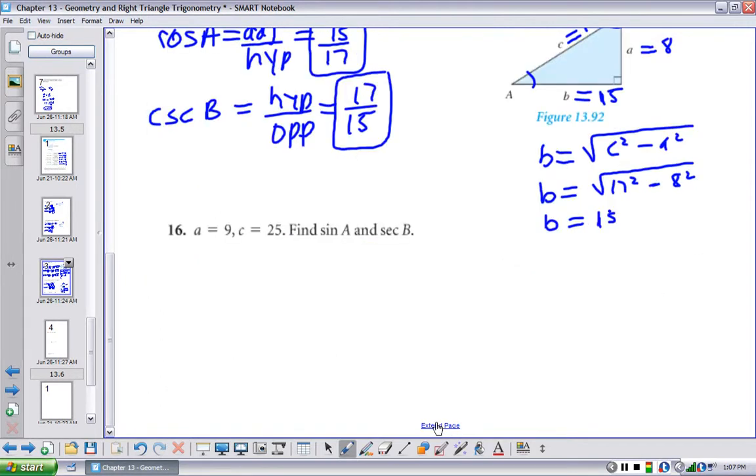All right, number 16. Here, we are not given a picture. Well, we are given a picture, but you can draw your own picture here.